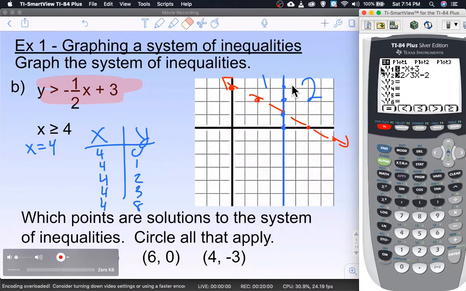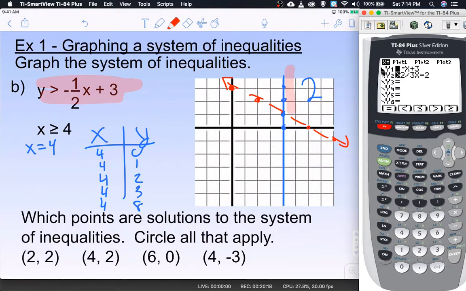So it has to be either section 1 or 2. From my blue line, I'm shading greater than 4. Well, which of these has x values greater than 4? Number 2. So I know it's not number 1. So this section is the one piece of pie that has my solutions. This is the only area of the graph that is shaded.